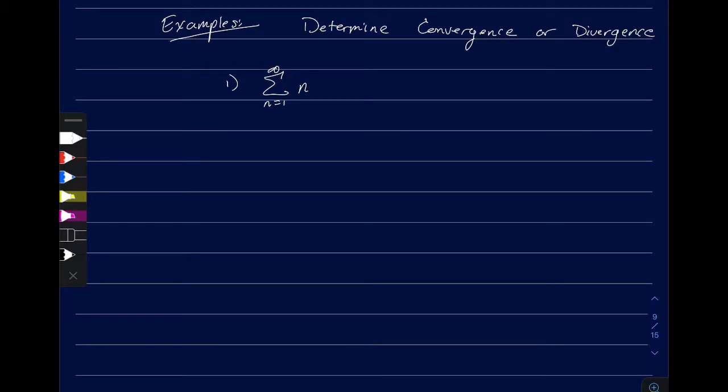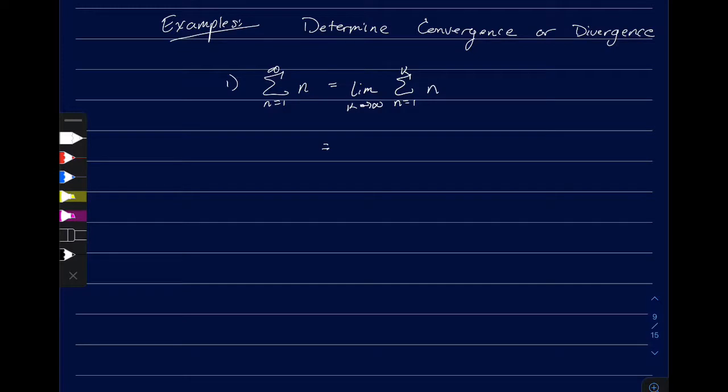So let's take a look at an example. Let's take a look at a few, but let's start with the sum from 1 to infinity of n. Now, we can think of this as the limit as, say, k goes to infinity of the sum as n goes from 1 to k of n.